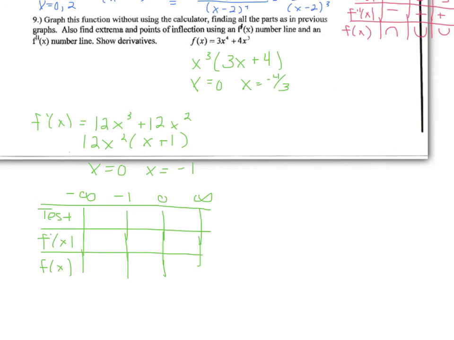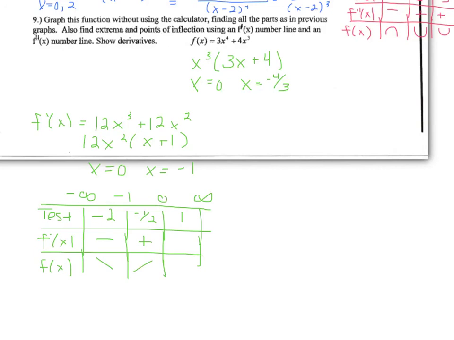So I'm going to test -2, -1/2, and 1. So if I plug in a -2, I'm going to have a positive and a negative, so that'll be negative, decreasing. If I plug in a -1/2, I'm going to have a positive and a positive. So I will be increasing.